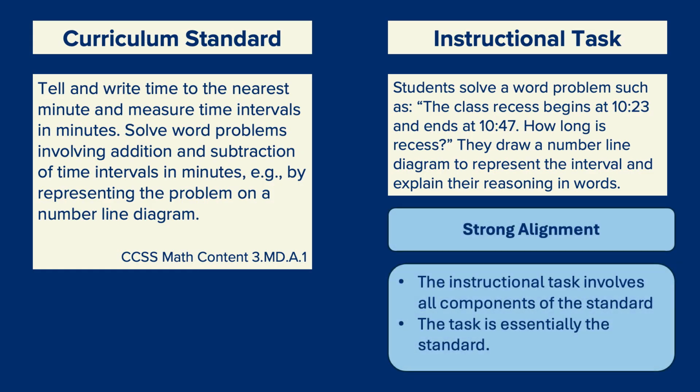Again, the task is essentially the standard. It involves all of the components, and we can see a student move from point A to point Z in this task, and we can see that it involves all of the components that are required in that math standard.